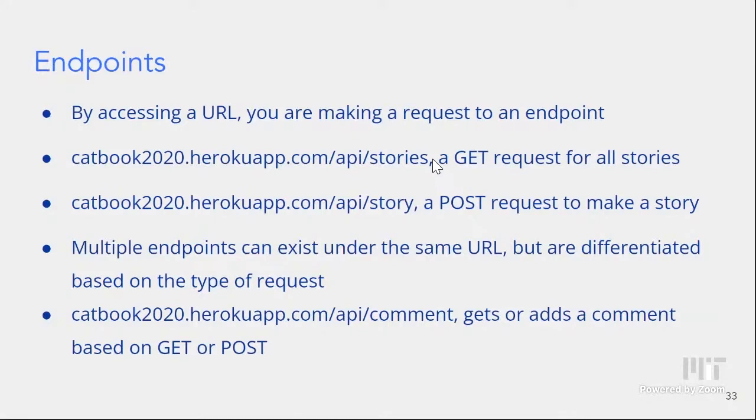We could have, as we did in the comment case, had one singular URL, in this case /API/comment, where the server does different things based on the HTTP method of the request you send it. In the case of comment, it will either get a comment or make a comment based on whether you send it a GET or POST request.